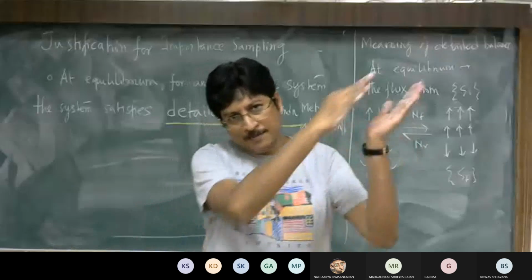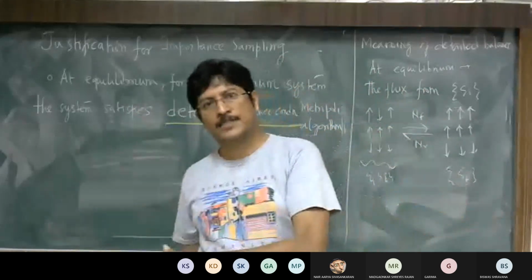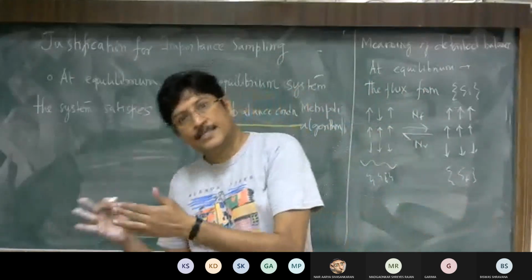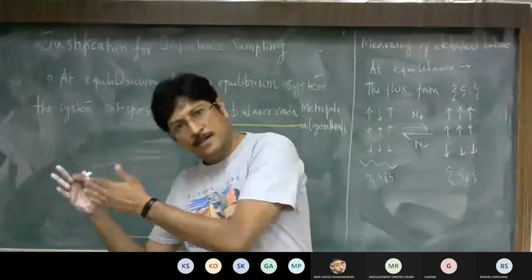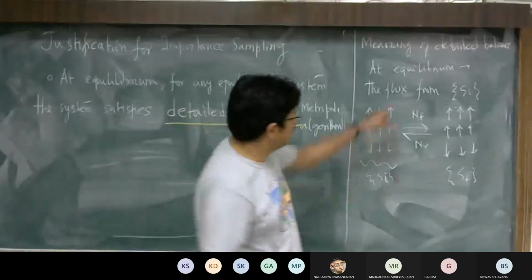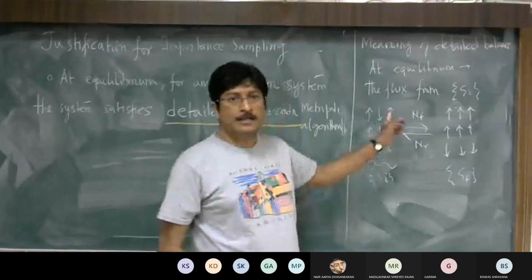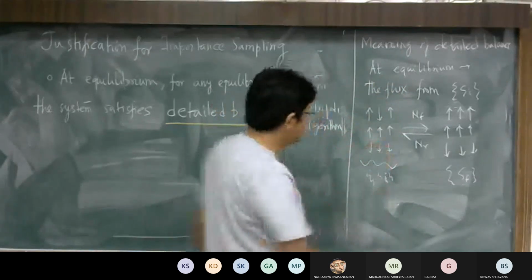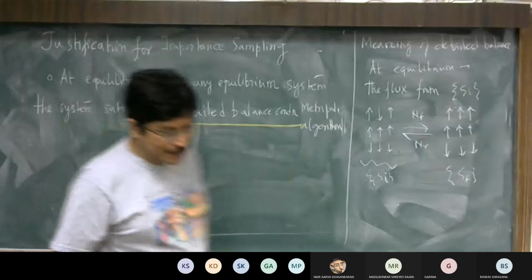So there's like a flux from this state to the other state. This would exactly be the same from that transformed state back to the original state. So this is the meaning of detailed balance. So this is what I wanted to emphasize.